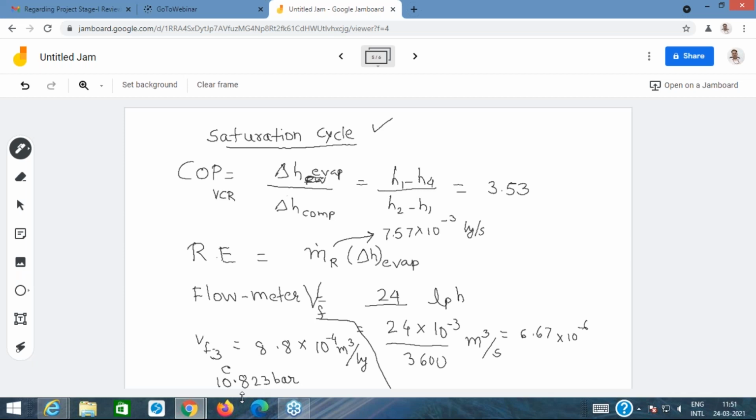If you do it this way and multiply it with the enthalpy difference across the evaporator, the capacity I got was around 1 kilowatt. So this is the refrigerating effect obtained by assuming the cycle to be a saturation cycle.